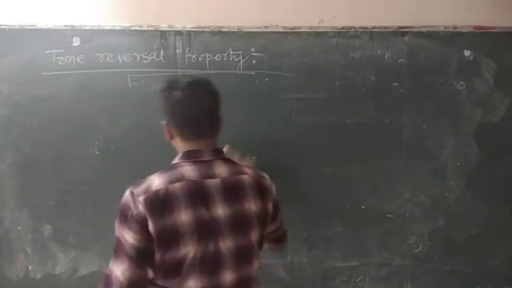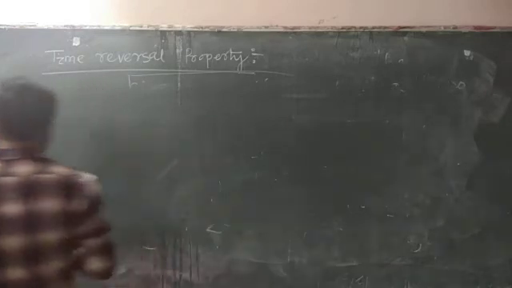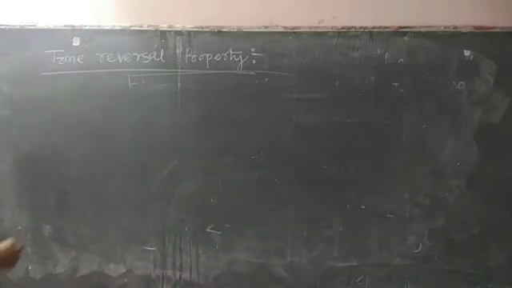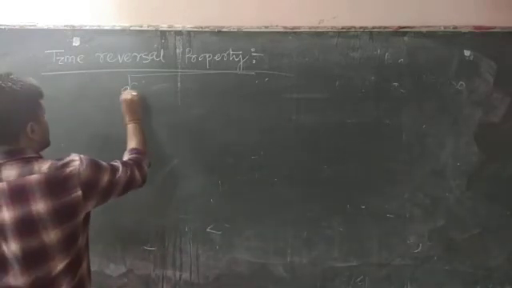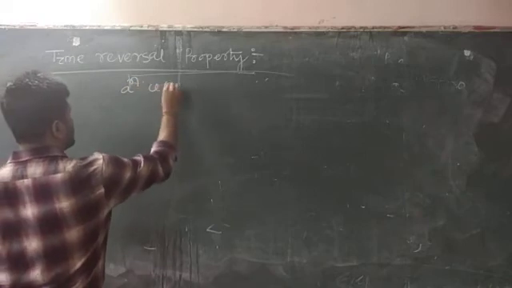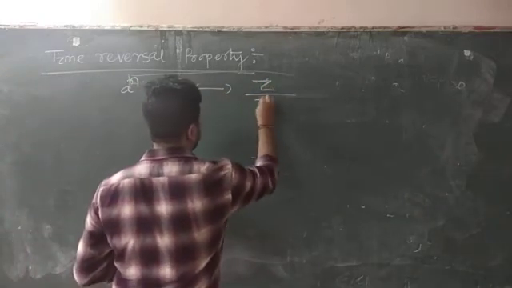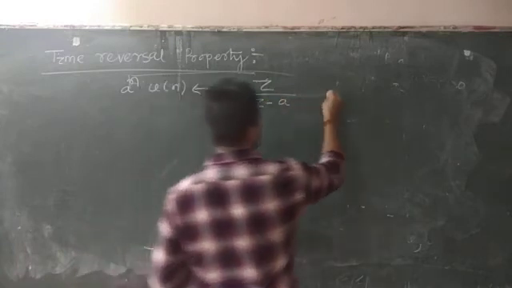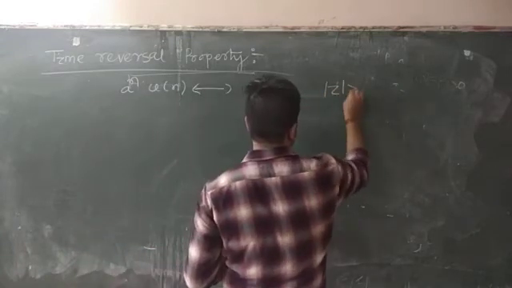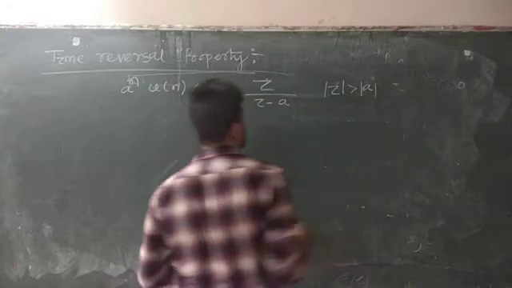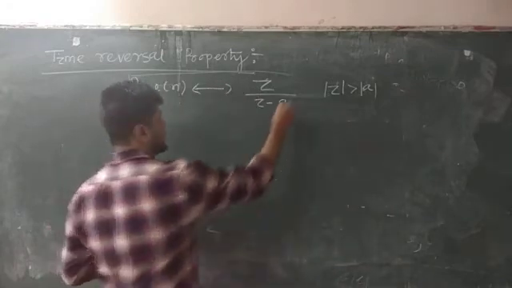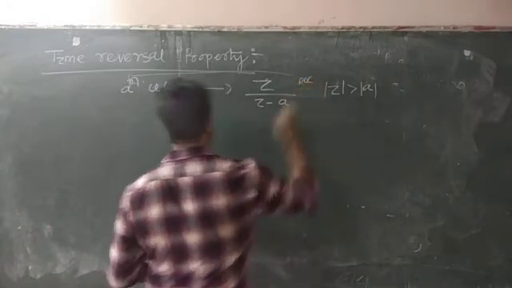So any type of signal we can find the Z transform of by using this time reversal property. So you have to remember this general formula, a to the power n u[n]: Z by Z minus a, where mod Z greater than mod a is the region of convergence.